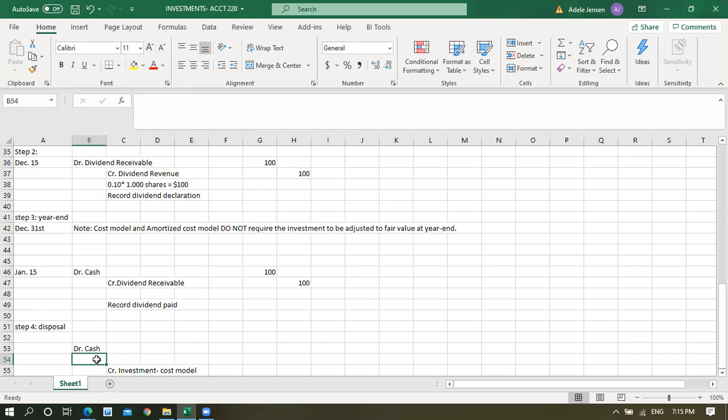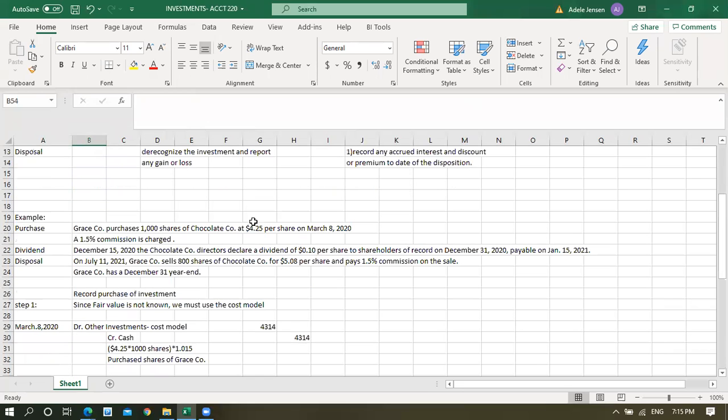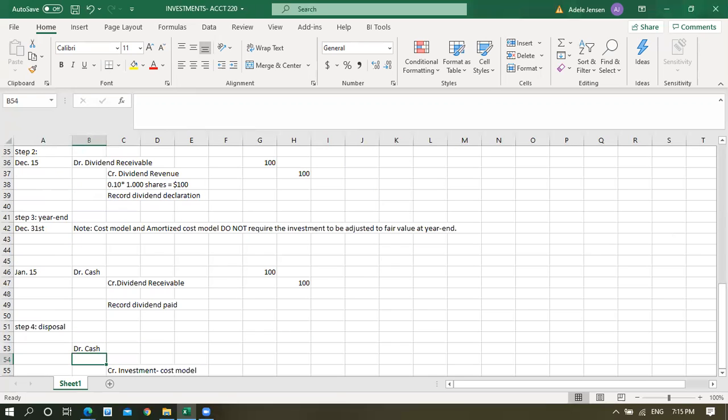So you may be able to jump ahead and have noticed that our selling price is higher than our purchase price, and so therefore we are expecting a gain, but we also have to account for that 1.5% commission. So we just don't know yet.